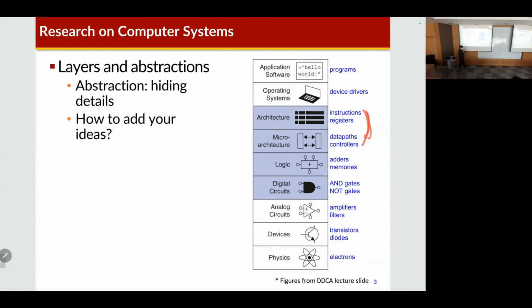If we perform research in some field, then we can develop some very new ideas or basic ideas. We can improve the performance or we can reduce the cost, but we need to evaluate our idea. Then how can we evaluate our ideas in the architectural field, with a computer processor, for example?